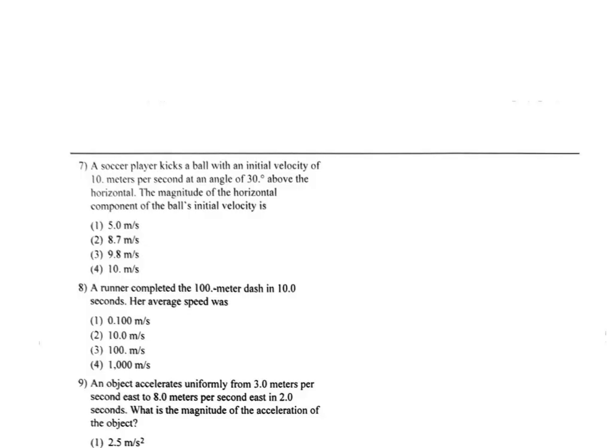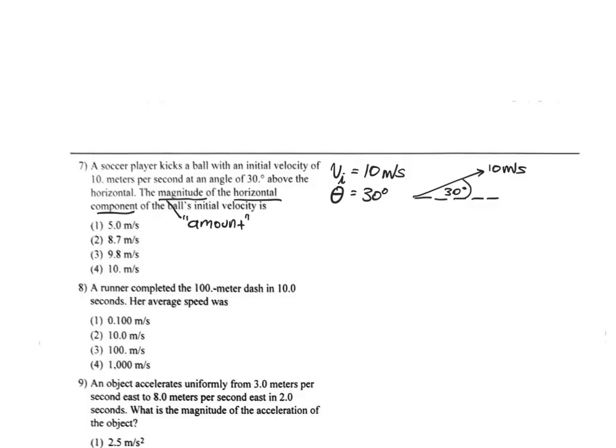For number 7, let's write down the things that they're telling us. We have a ball going at 10 meters per second, kicked at an angle of 30 degrees. And you want to know the magnitude, which means amount, of the horizontal component of the ball's initial velocity. So horizontal component, you may remember us saying that x is cosine, but that's why we say that, because the magnitude of the x component is the magnitude of the vector times the cosine of the angle.